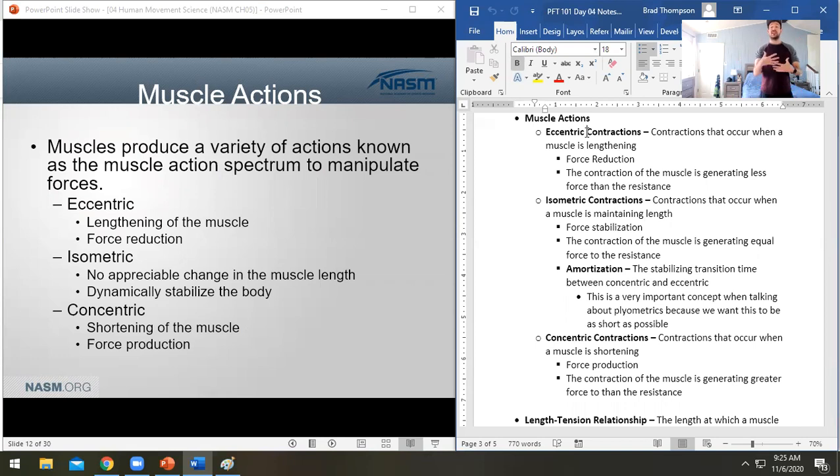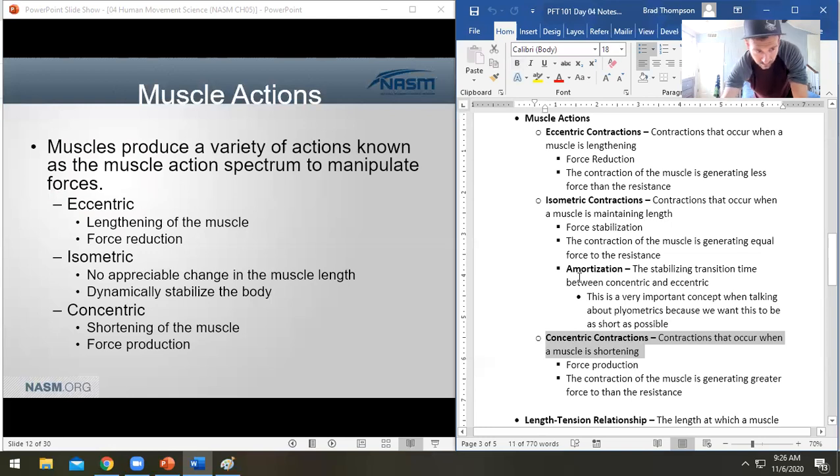If I generate less force than the resistance, then I'm going to eccentrically lengthen and reduce force into a lengthened position.